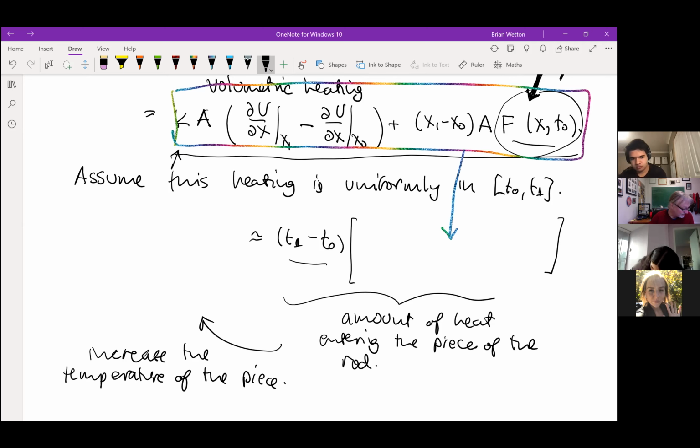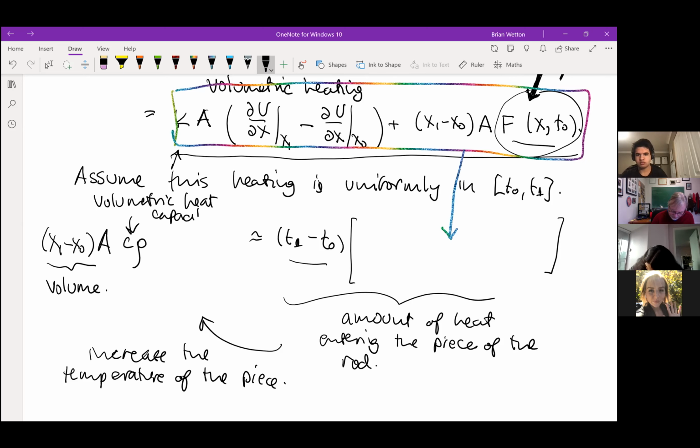Right? And that has got to increase the temperature of the piece. Well, I've got to take the volume of the piece, I've got the volume of the piece again, times the volumetric heat capacity, that's the C times rho. And it'll heat it up by an amount U at T1 minus U at T0.